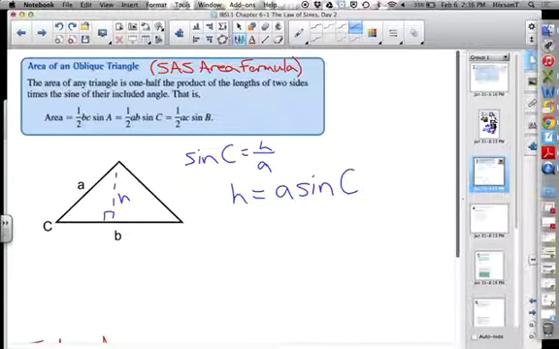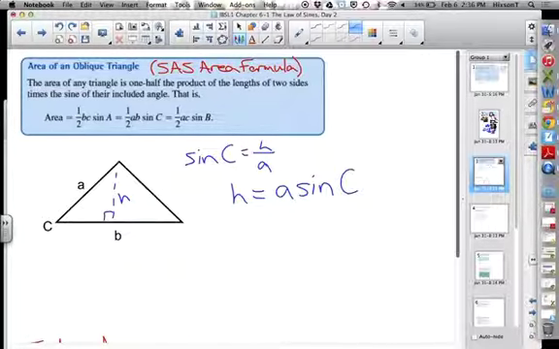Okay? Now if you remember, I gave you the two sides and the angle between those two sides yesterday when I asked you to find the area of that triangle. That's why they call it the area of an oblique triangle. My name for it, this is not an official name, I just call it the side angle side area formula.